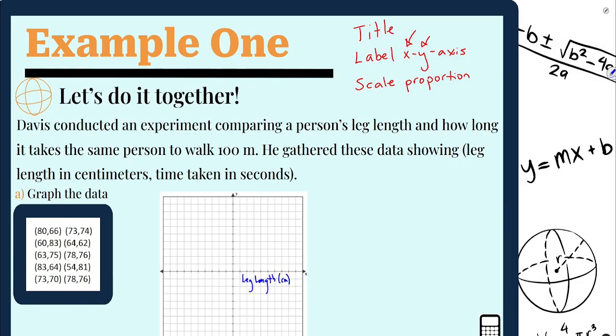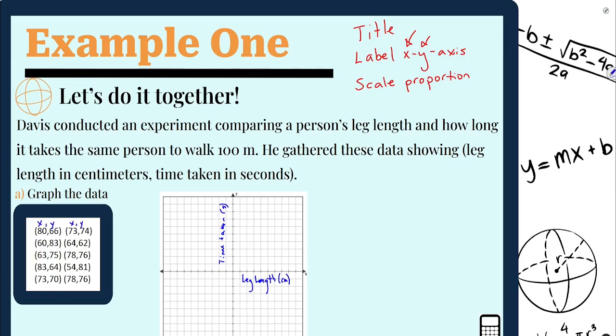That means our y-axis is the time taken, and it says it's going to be in seconds. So we represent that in seconds. We want to make our scale proportionate. If we look at our plotted pairs, we have 80 and 66, 60, 83. So remember, the first one is our x, the second one is our y.